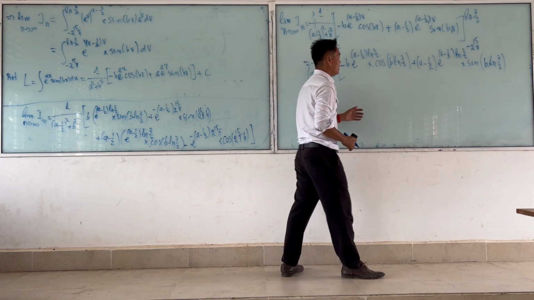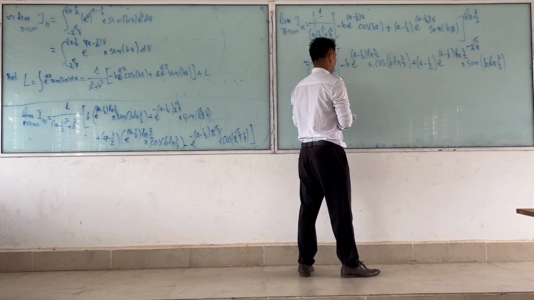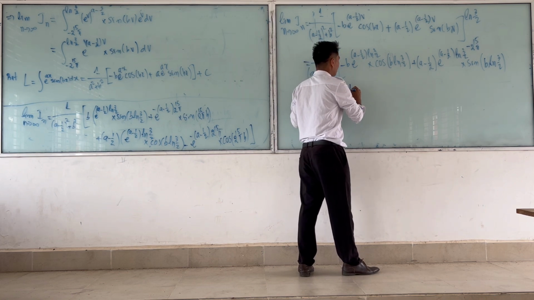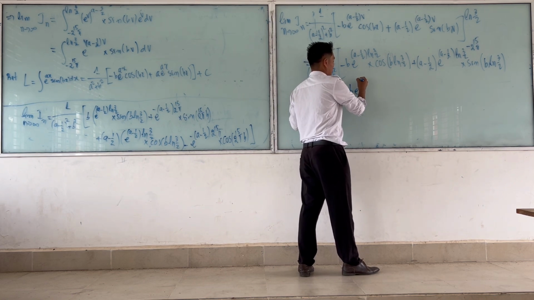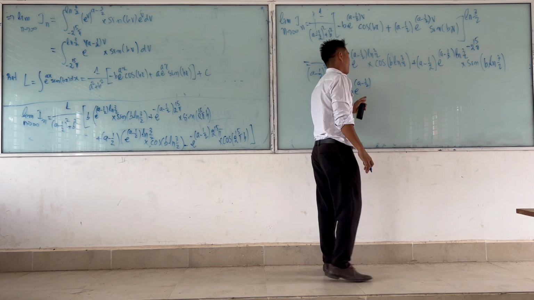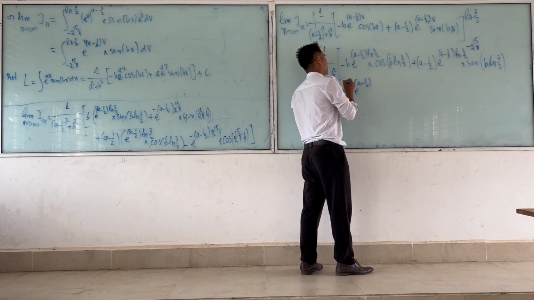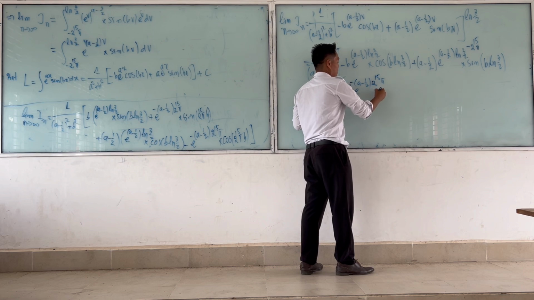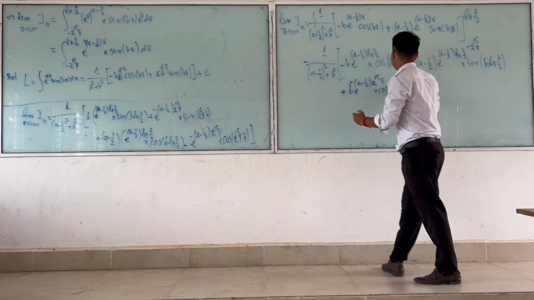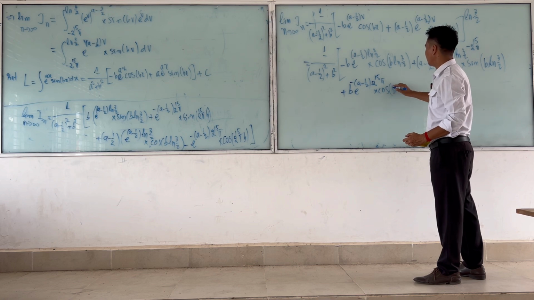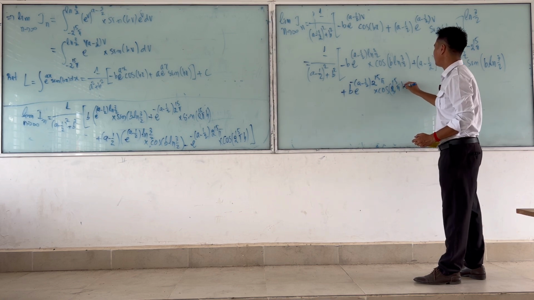So from this I get plus b e to the power (a minus 1 over 2), because you replace by negative 2 to the power 15 pi, this one you get plus. Also here you get negative 2 to the power 15 pi multiplied by cosine of b, that is, cosine of 2 to the power 15 pi b. Why?